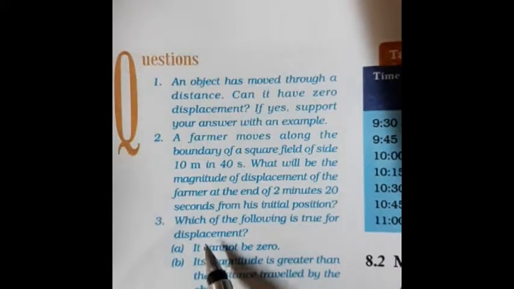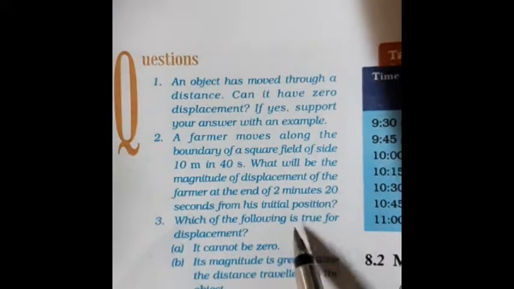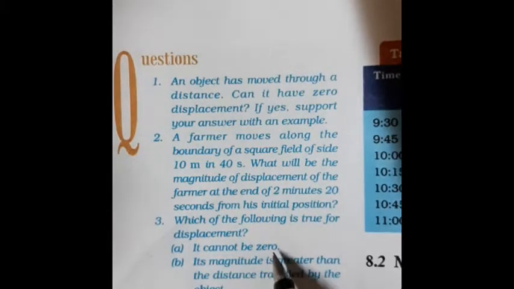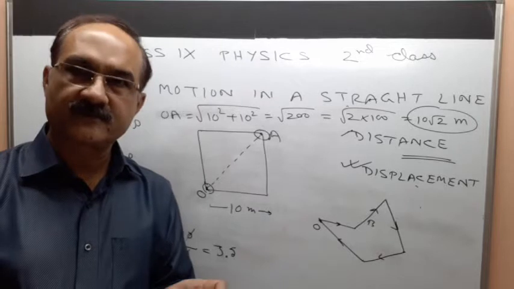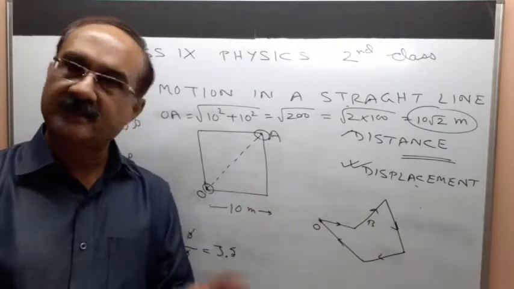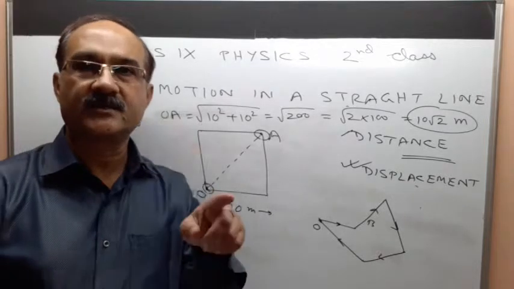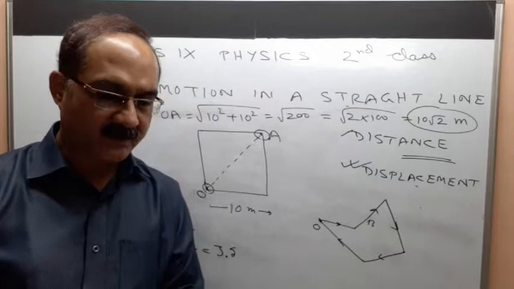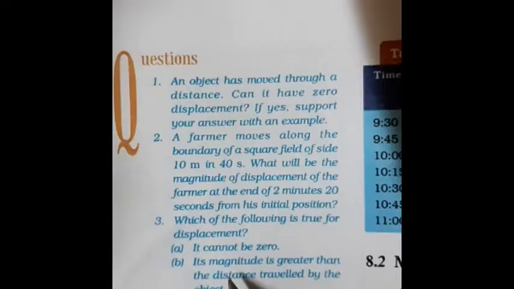The third question is, which of the following is true for displacement? A. It cannot be 0. This is false because we know displacement can be 0. Right? Because if the final position is same as the initial position, then displacement is 0. So it cannot be 0 is false.